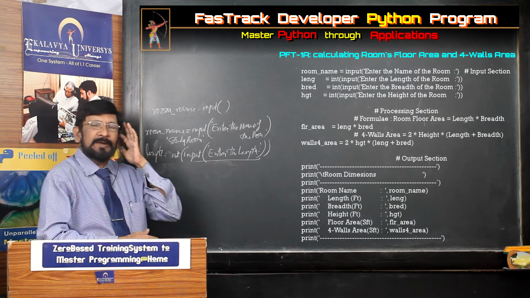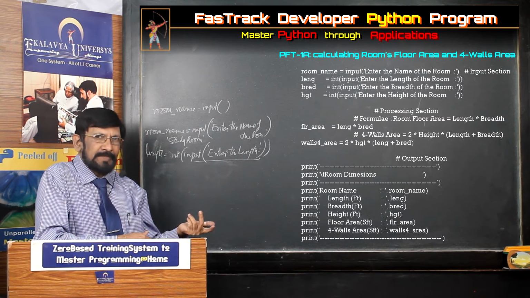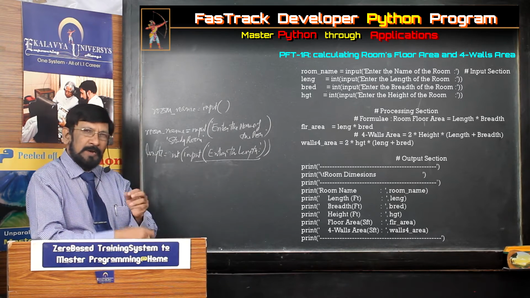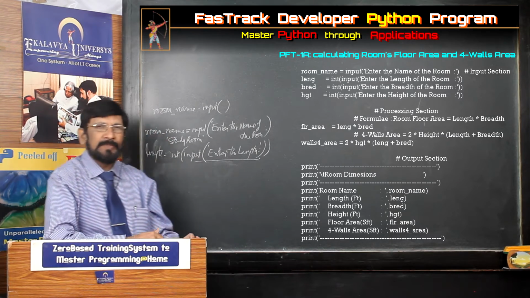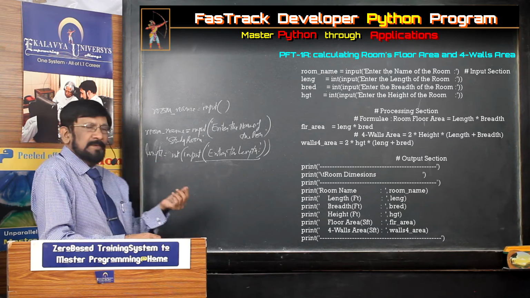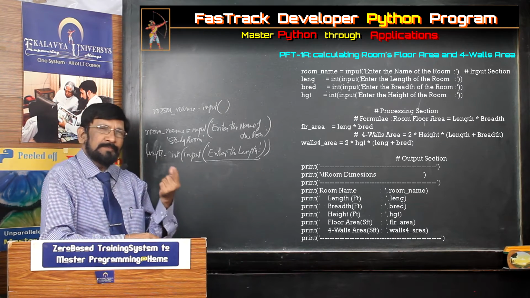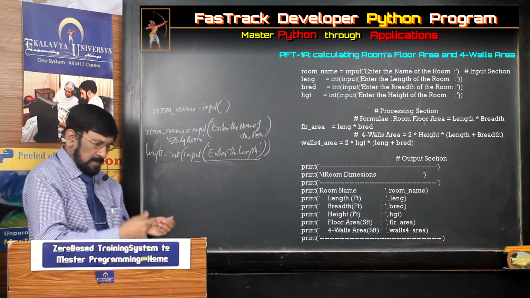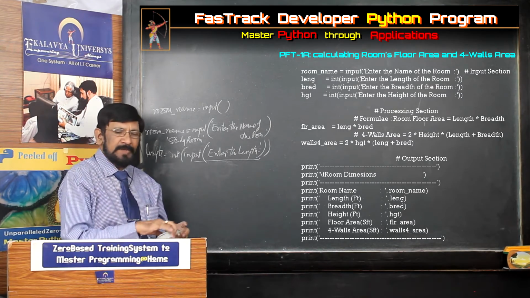Now thereafter breadth, same logic. And height, the same explanation is applicable. You can use short names: length as leng, breadth as bred, height as het, because people can understand them very easily.